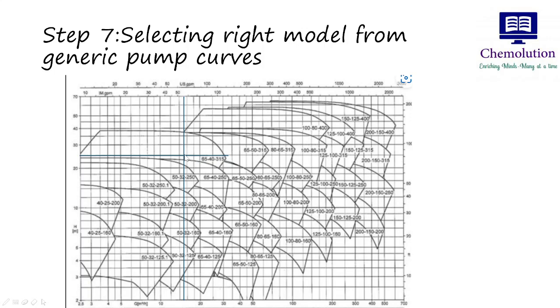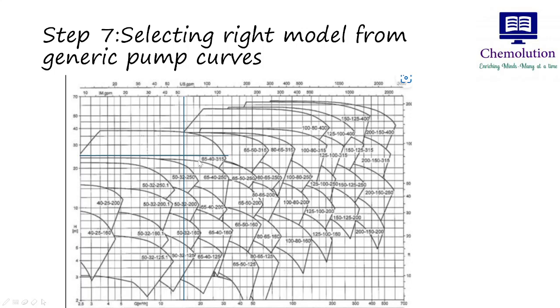If this point is really close to the line, then existing impeller size or standard impeller size will work. If this point is way below this line, it means you will have to use a trimmed impeller in this case, because your operating point is well below the normal pump curve for the standard impeller size or the highest impeller size.